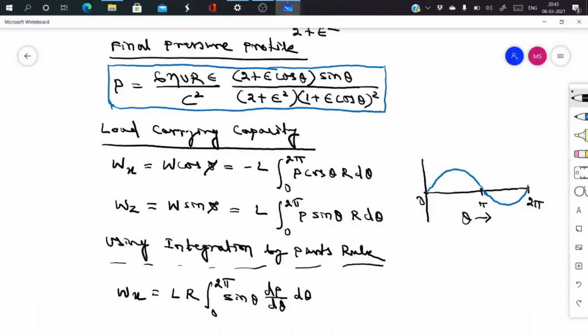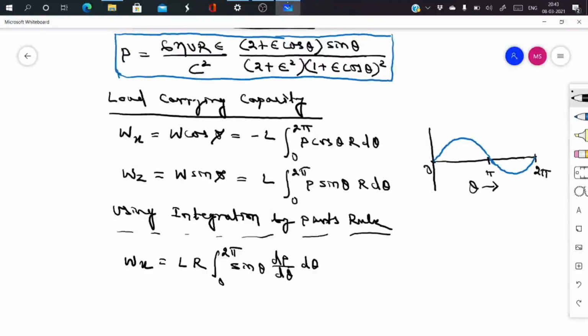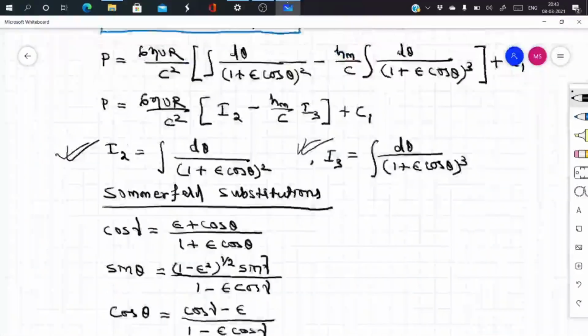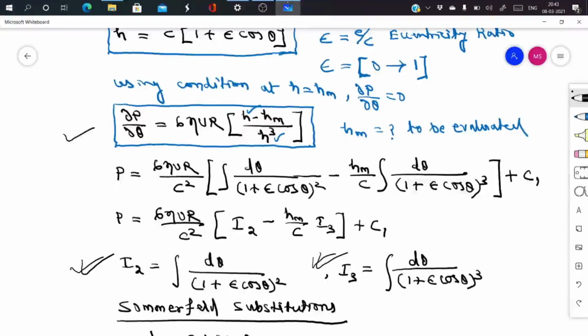Okay, so you can substitute dp upon d theta, which you already know, equal to 6 eta u r (h minus hm) by h cube. If you go back, this was our starting point from where we started our derivation, this one, dp upon d theta.